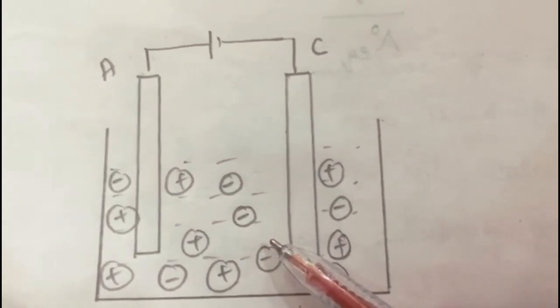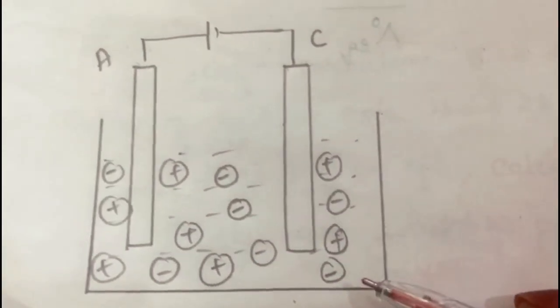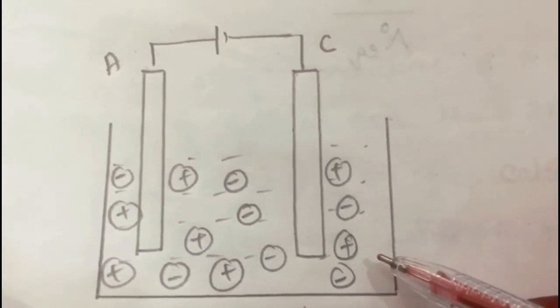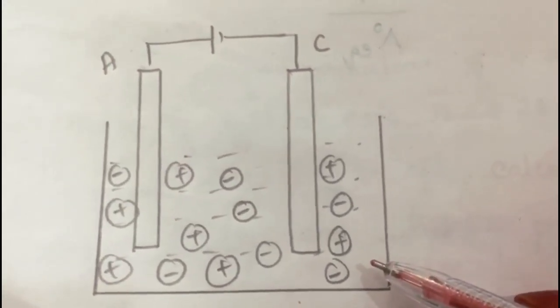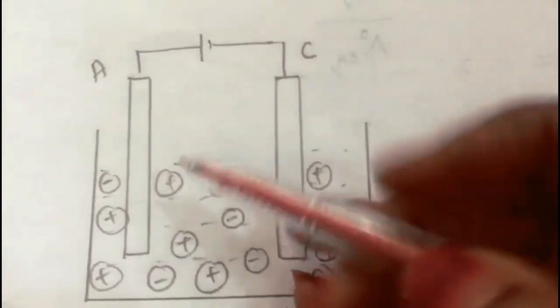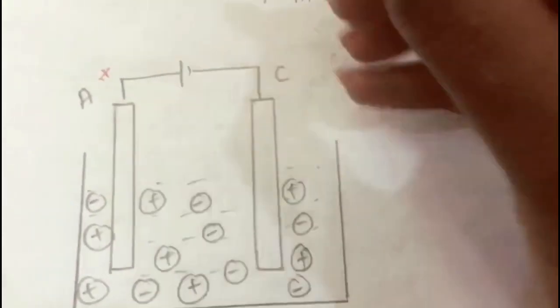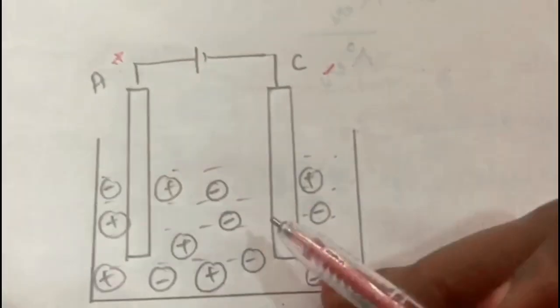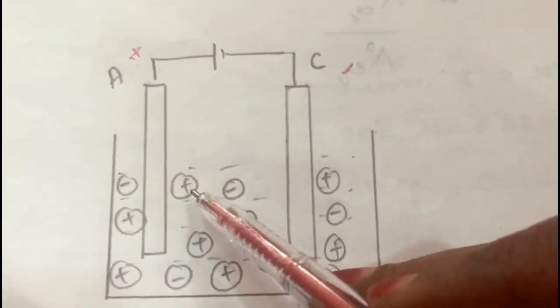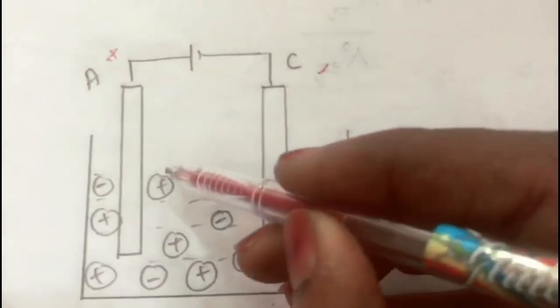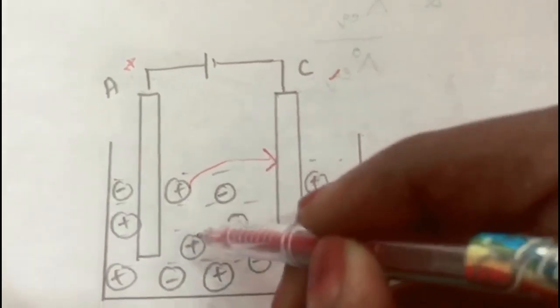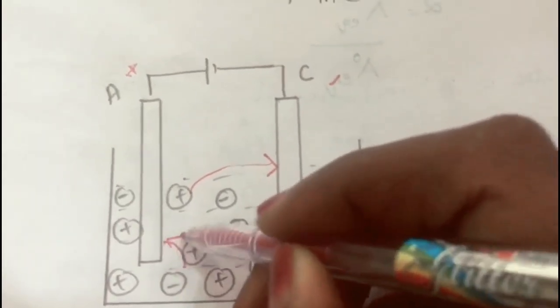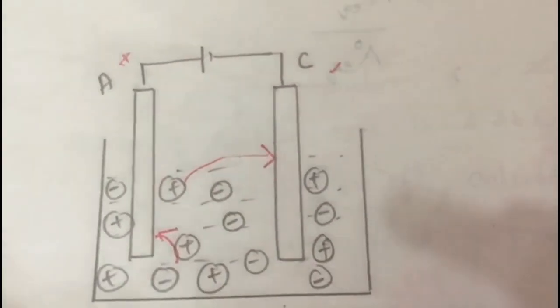Here we know when a solution of electrolyte is subjected to an applied electric potential, the ions of the electrolyte move in a particular direction. So here the anode is positive and the cathode is negative. During electrolysis, cations, the positive ions, will move towards the cathode and the anions will move towards the anode, and that will discharge at both the electrodes.